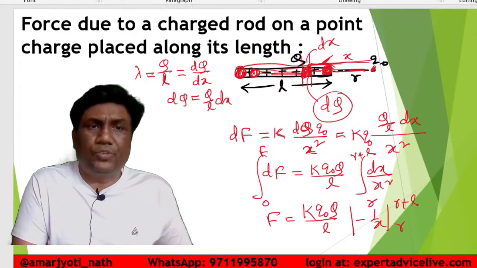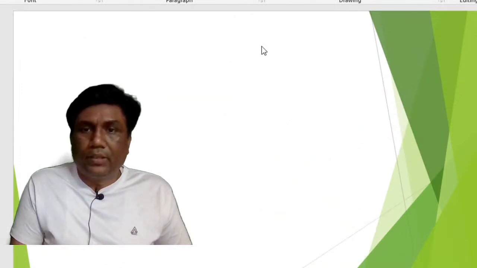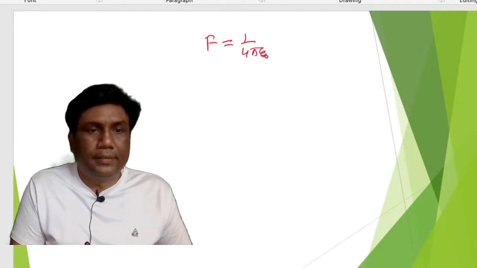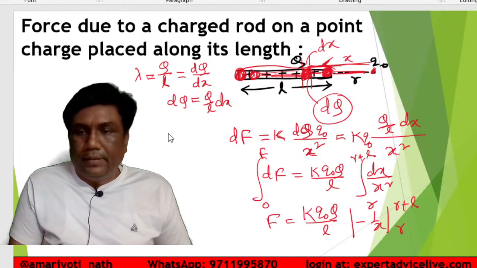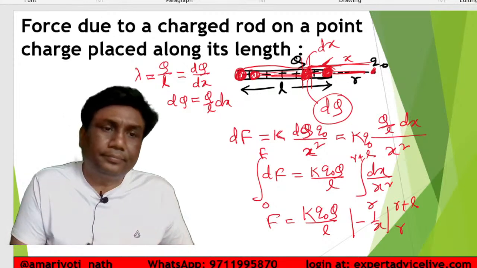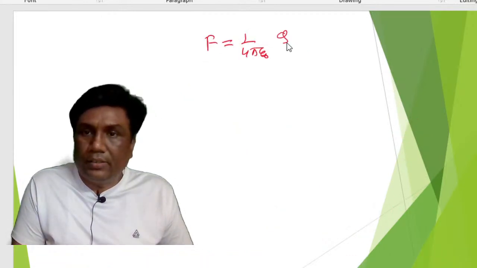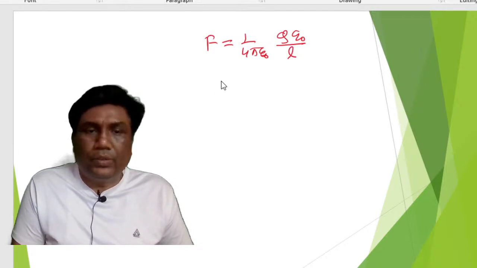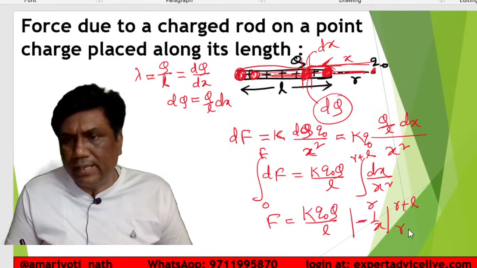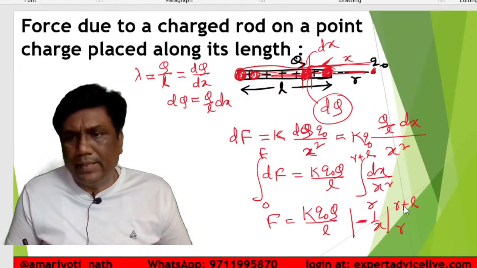Before I complete, I am sure you are going to complete it. So F is equal to 1 by 4 pi epsilon naught, putting the value of k, Q naught Q by L. If I put the limits here, you can interchange the limits if you remove the minus sign.